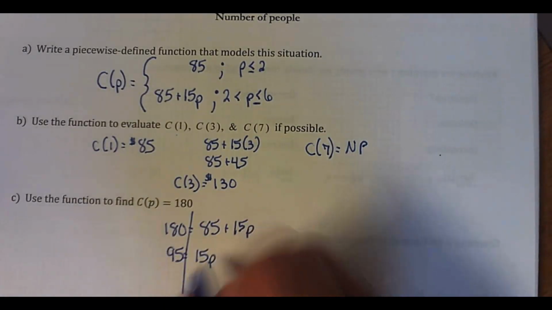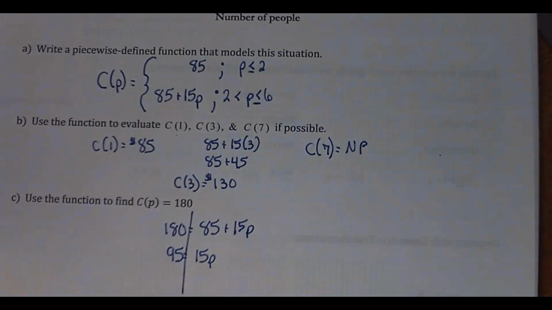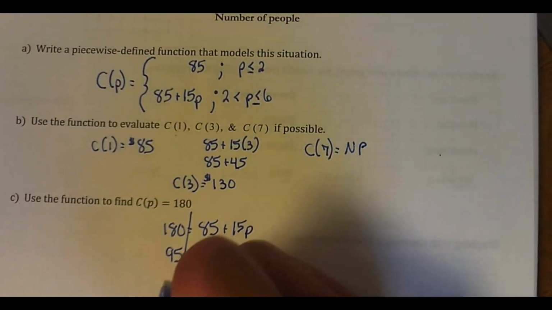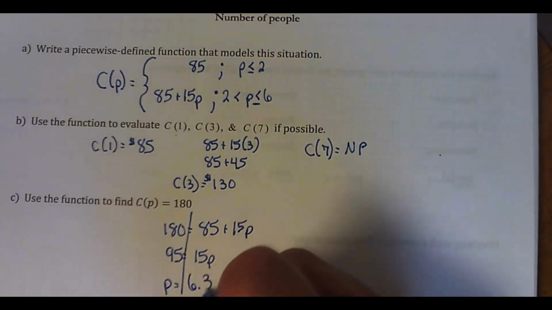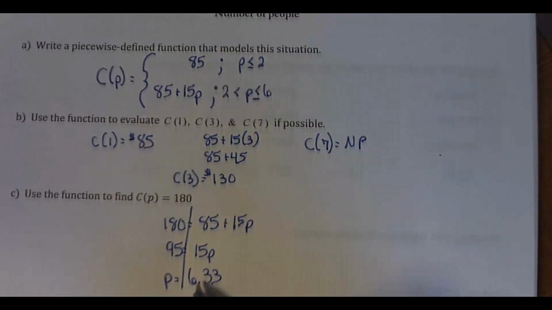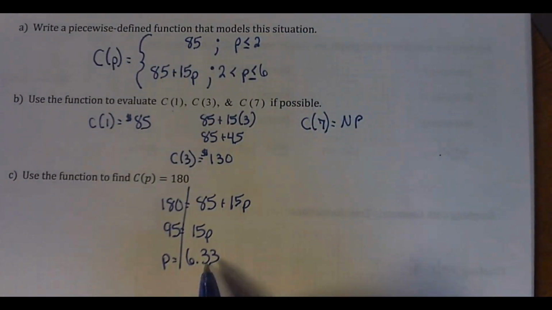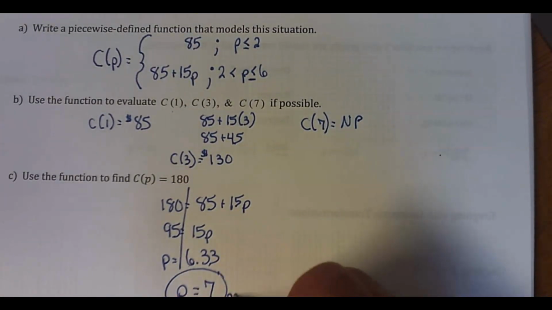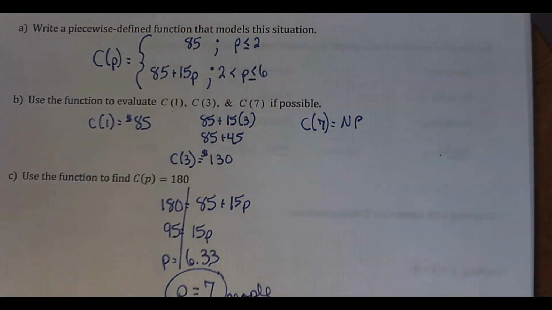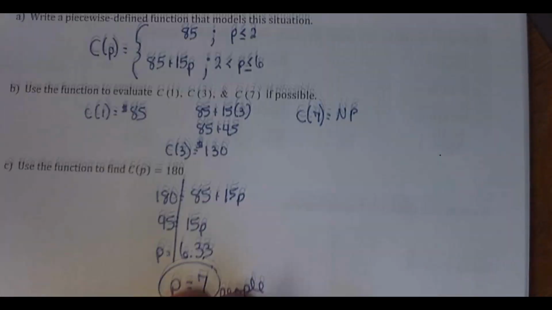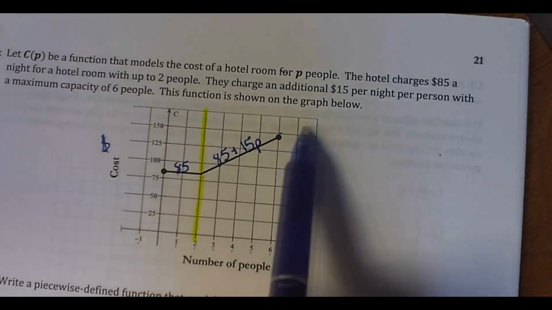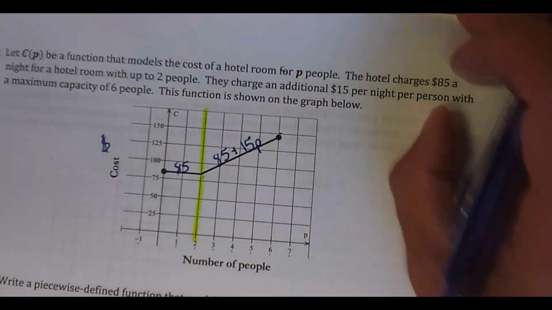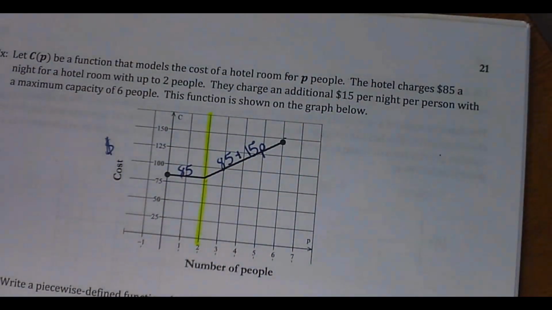And then if you take 95 and you divide it by your 15, you're going to get that your p should be 6 point something. So with 6 1/3 people, so basically with 7 people, you would be charged that much. But again, 7 does not meet our domain restriction, and hopefully you could see from the graph that 180 never would have happened as well. All right, that is 1.4.